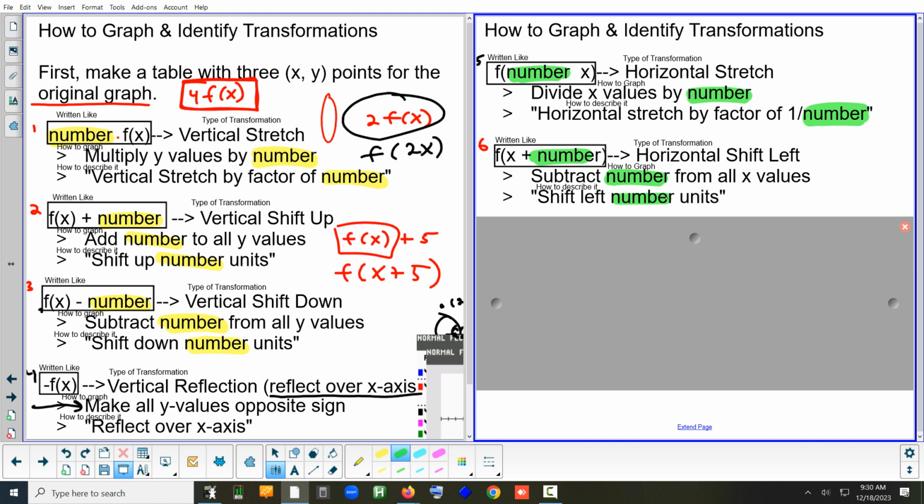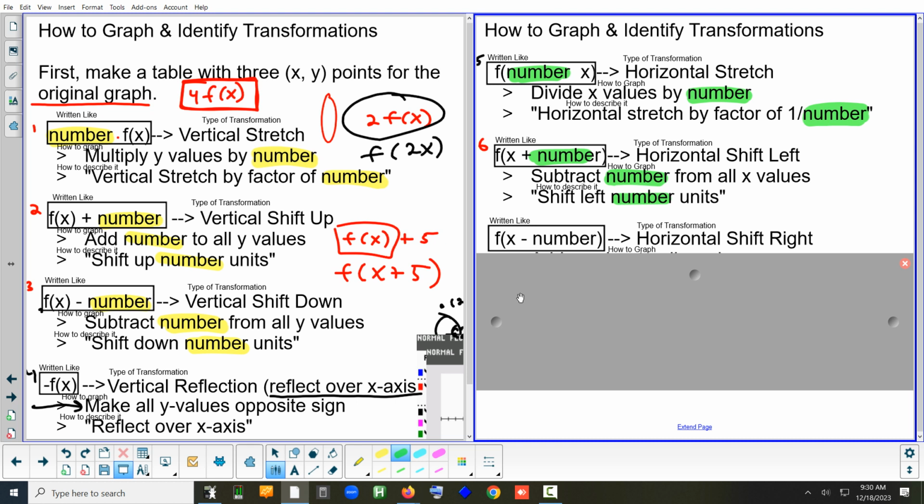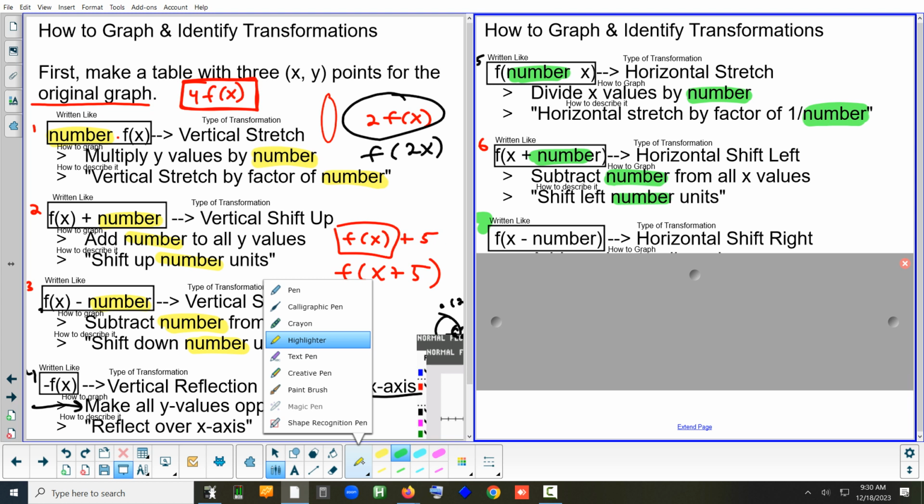It's going to be similar to like box 2 and 3. So box 6 had x plus a number. Box 7 is going to be x minus a number. What's the difference between box 7 and box 3? They both look the same to me.